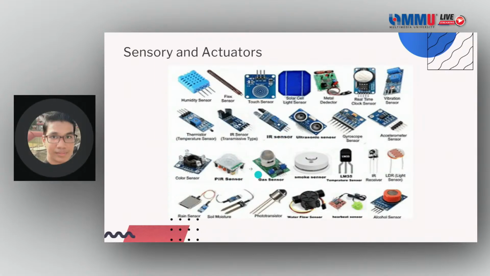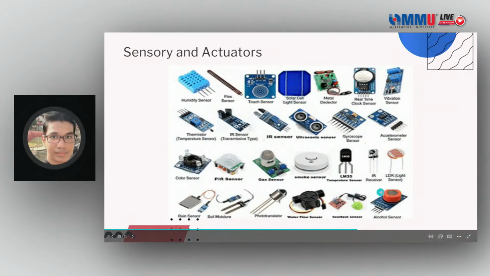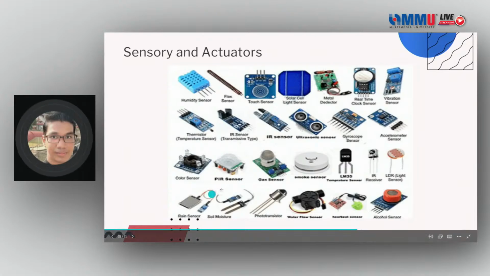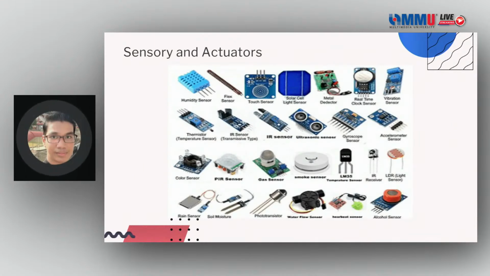And then we have a PIR motion sensor. The PIR motion sensor is a sensor that detects the presence of someone in a place. And then we have a soil moisture sensor, and we even have an alcohol sensor to detect a person's alcohol reading. The soil sensor is to sense the soil wetness, the soil moisture, whether the soil is dry or wet.